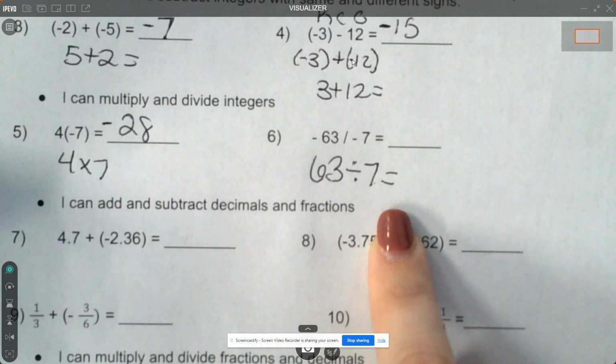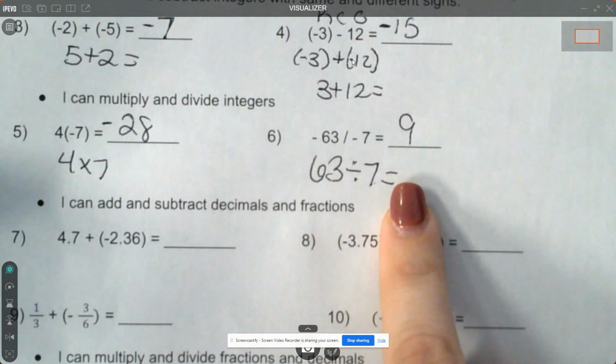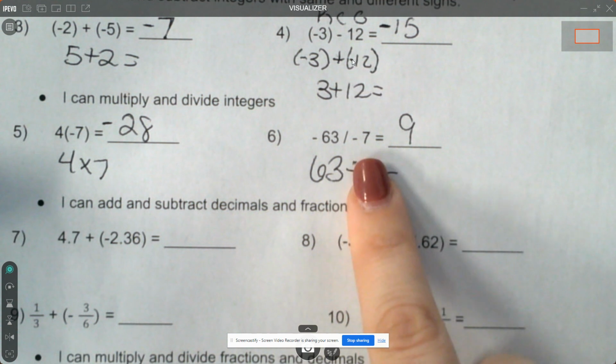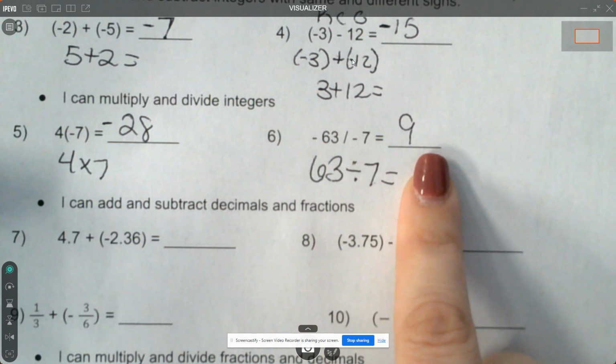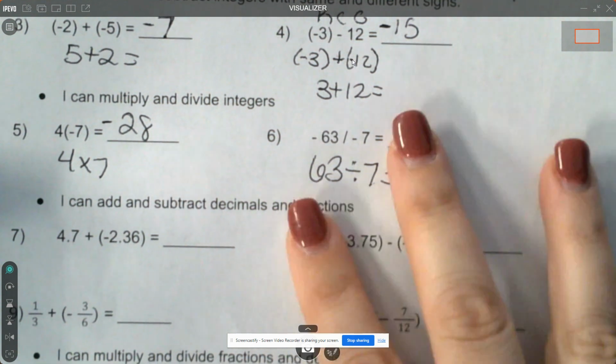And how many times would 7 go into 63? 9 times. Is my answer going to be positive or negative, Shelby? If I have a negative divided by a negative, it would be positive because same signs are positive in multiplication and division.